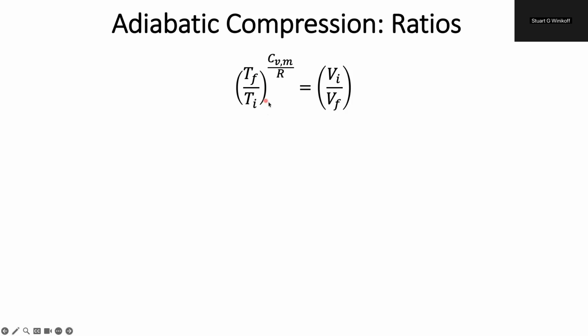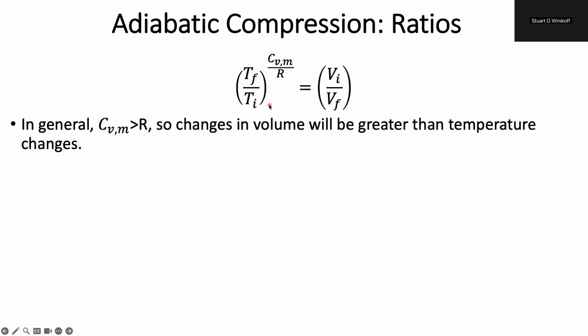Now, in general, this is going to be very important because this will work because that molar isochoric heat capacity is always going to be greater than R. Because remember, the smallest it can be for a monatomic gas is 1.5 times R. So that's always going to be at its smallest 1.5, at its largest a bit bigger than 3.